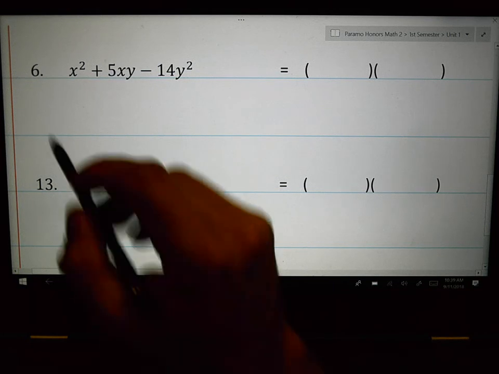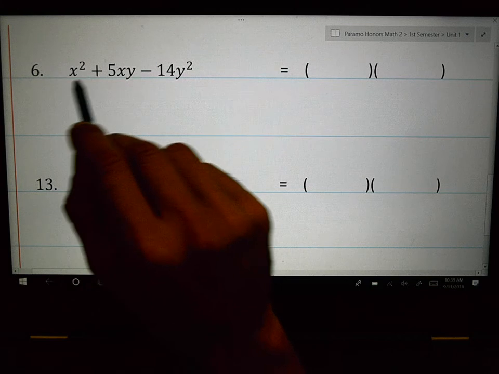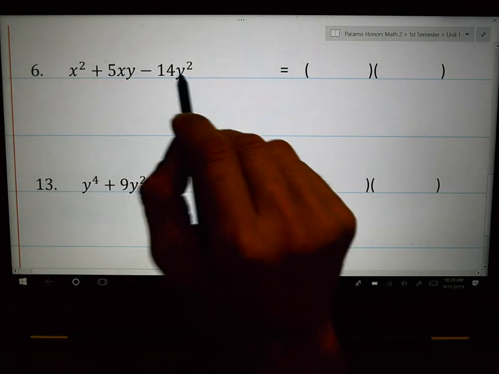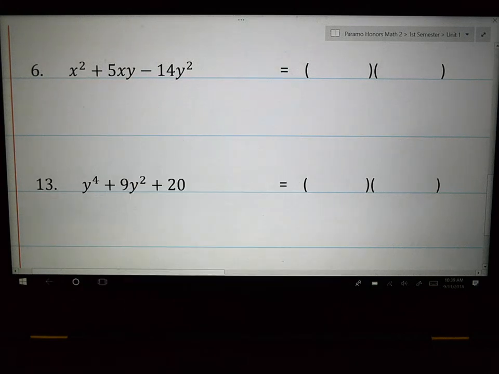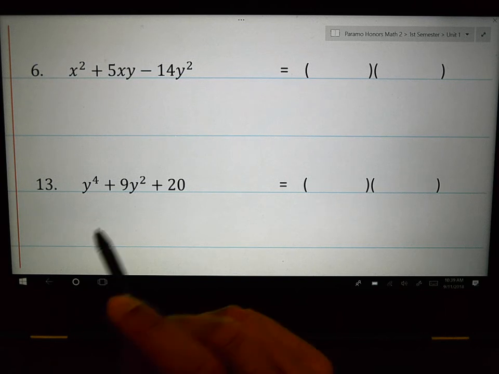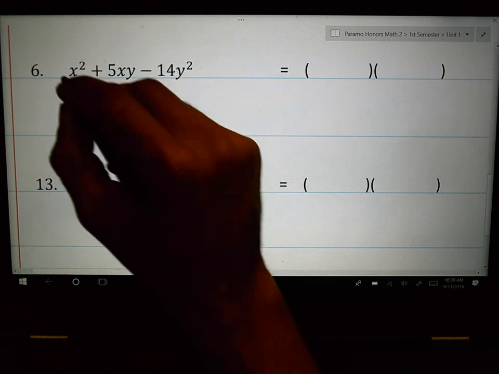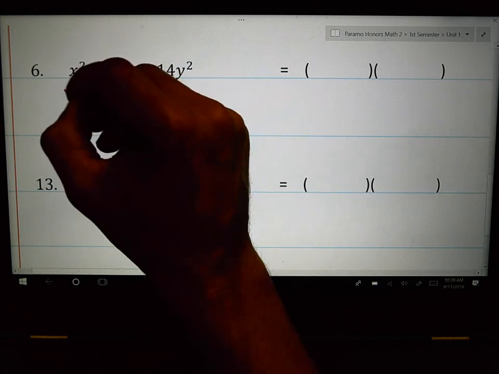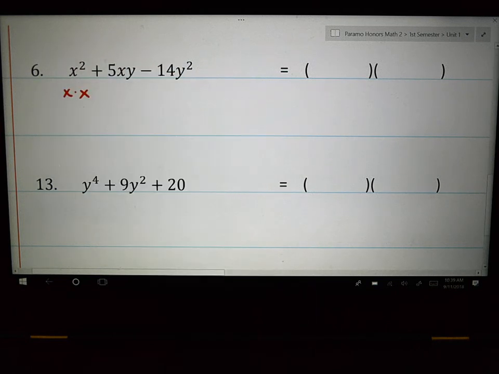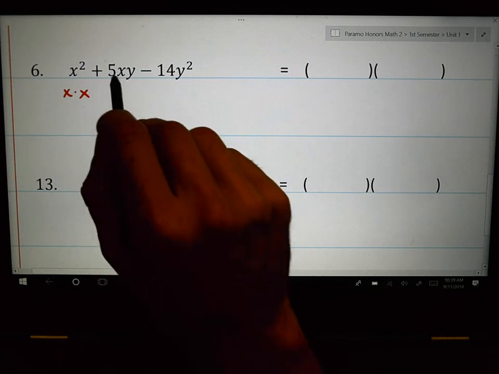The good news is, is there a GCF of all 3 terms? There is no GCF this time. We're just checking. There is no GCF. Then, since it's a trinomial, we're going to break this apart into x times x. There's a 5xy.